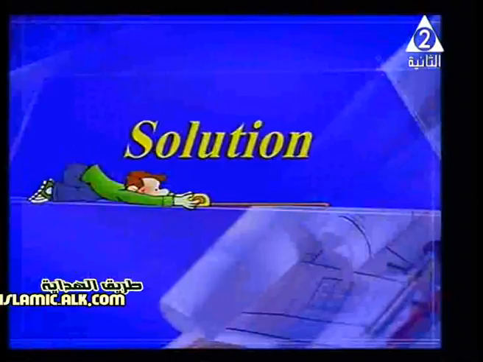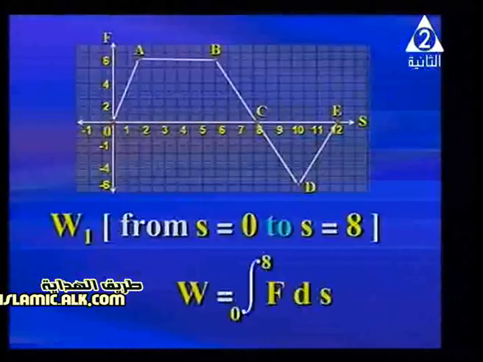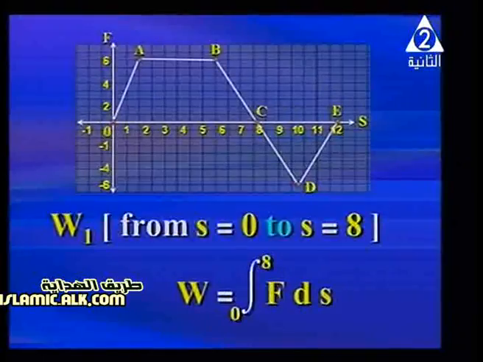Look at the solution, dear student. Look at W1 from s equals 0 to s equals 8. We find the integration from 0 to 8 of F ds. What is the integration from 0 to 8 of F ds?